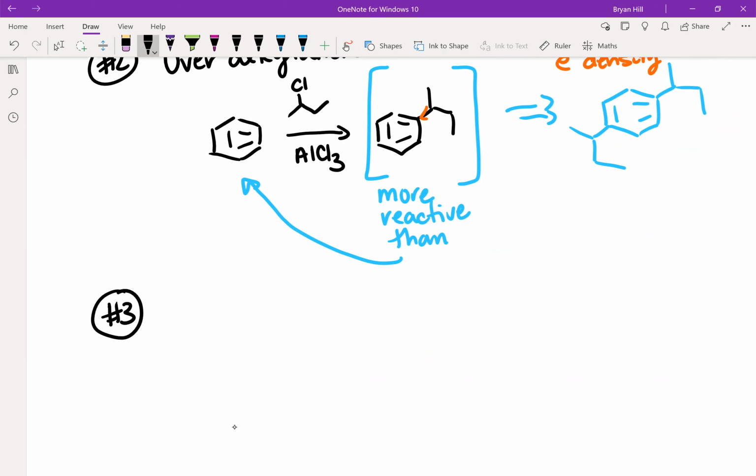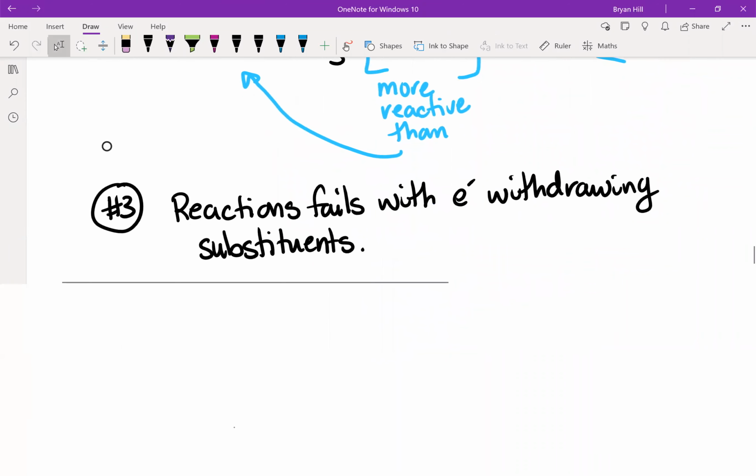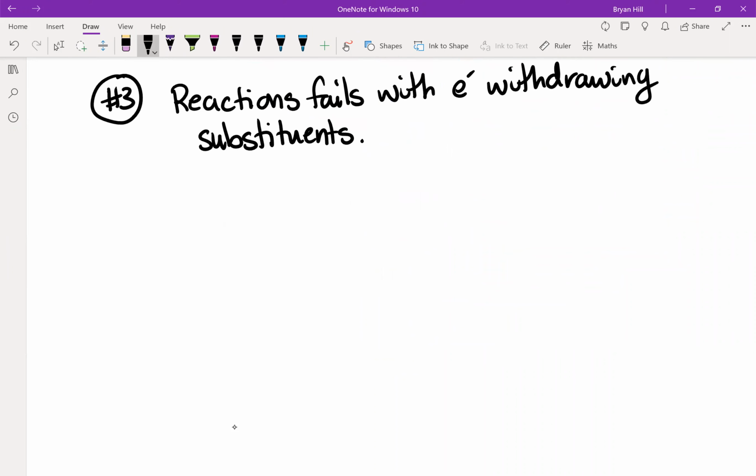This reaction fails with electron withdrawing substituents. So what are electron withdrawing substituents? Well, they're basically the same things that we talked about during the Diels-Alder reaction. So anything which will pull electron density off of the ring.